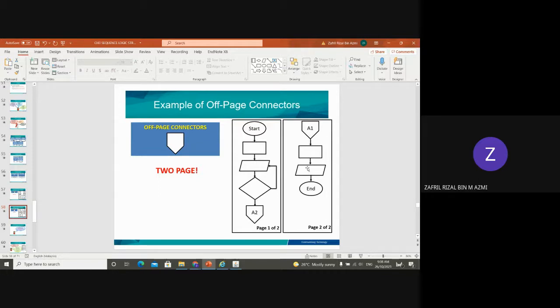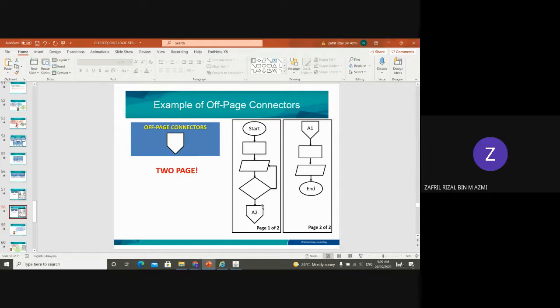Okay, next is the off-page connector. This is if we have more than one page. For example, this is one A4, this is another A4. If paperless, also no problem, the same concept. So you want to connect the flowchart. It is very long, you don't want to make it in one page, you want to make it two pages. So how do we link between the first and second page?